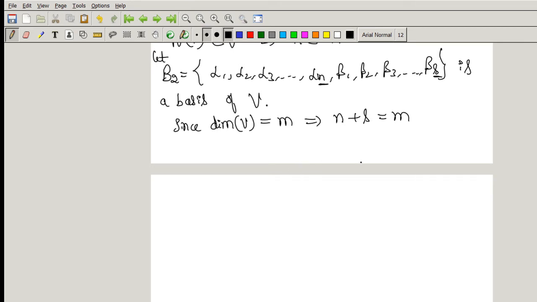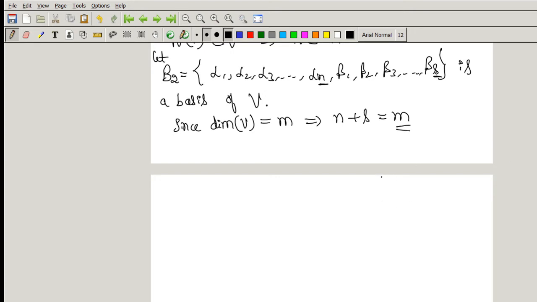Therefore, this basis set must contain m elements. This contains n elements, this contains s elements. If you add the elements of these two sets, that must be equal to m.